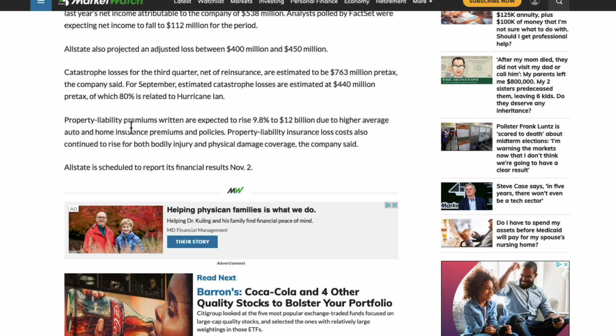Property liability premiums written are expected to rise 9.8% to $12 billion due to higher average auto and home insurance premiums and policies. So if we expect more of these types of events to happen, more fires, more floods, more tornadoes, more hurricanes, you're going to see insurance premiums continue to increase, or you're just not going to be able to get that type of coverage on your property.